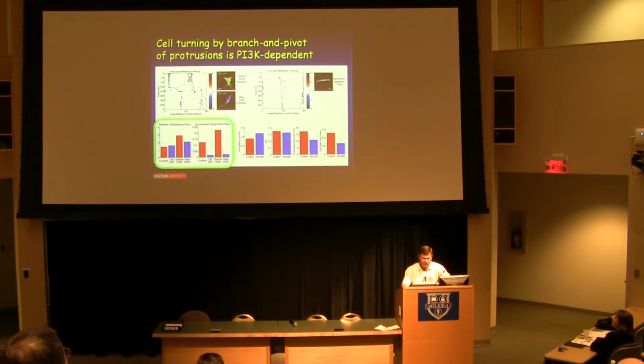If you then quantify the number of initiated branches, PI3 kinase inhibition does not grossly affect the initiation of branches, rather the successful propagation of those branches. So you're still putting out new branch processes, but without PI3 kinase signaling, those new branches are unstable. Okay?